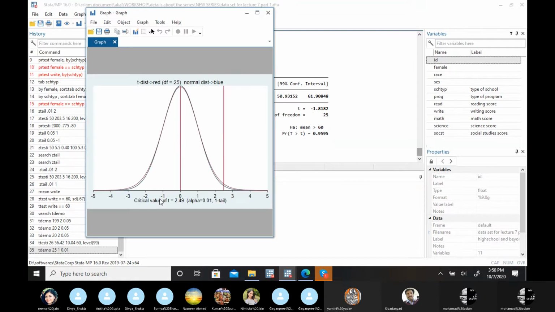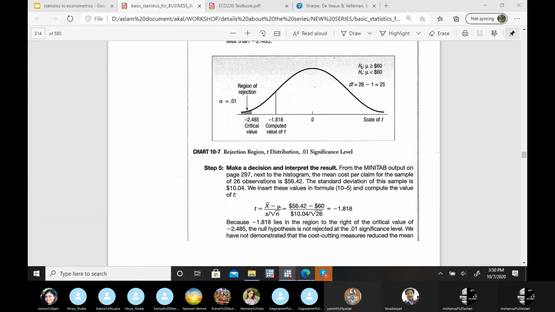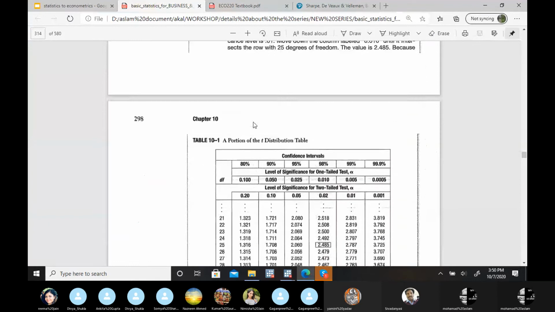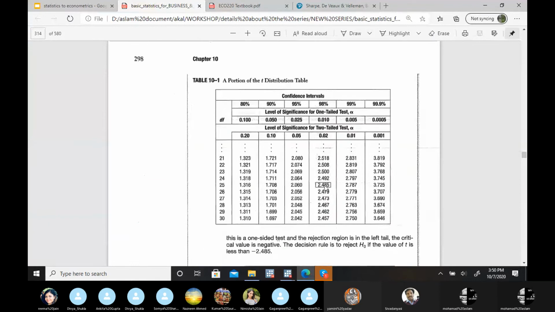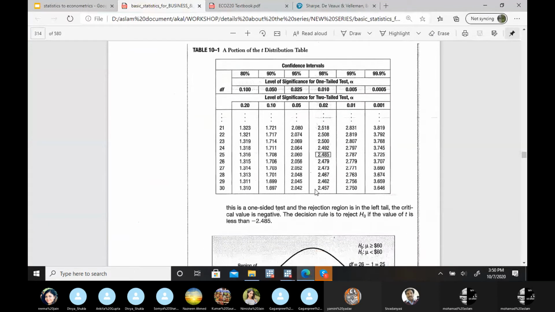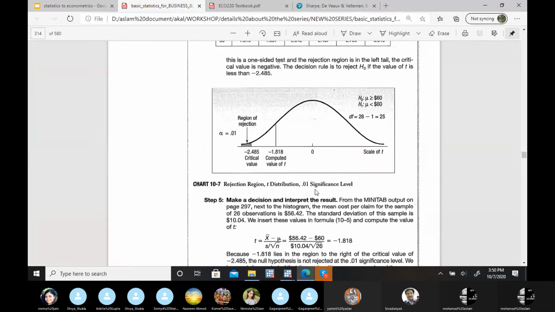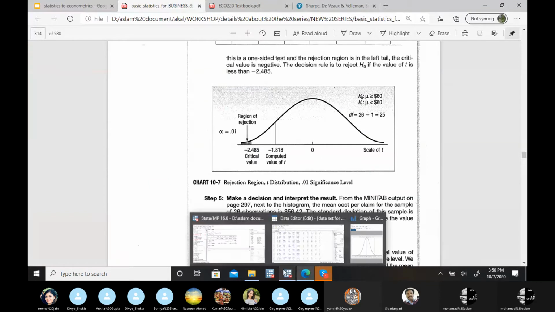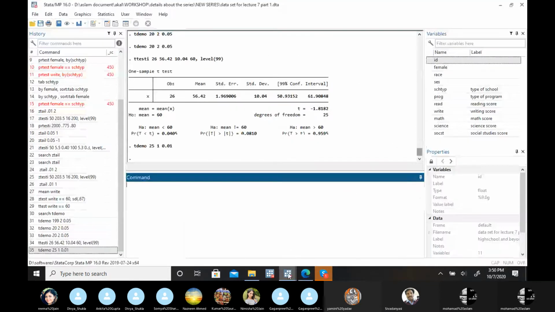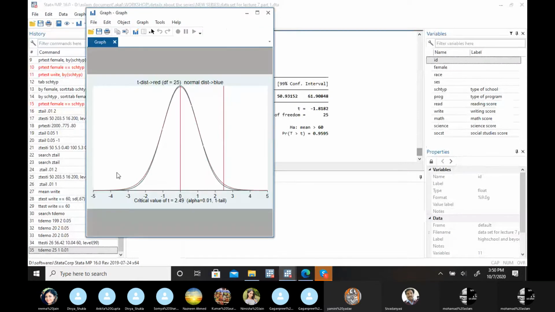So your critical value is 2.49. Let's see, yeah, it's 2.48, right? If you see the table, it's 2.485, so approximately 2.49. And as I explained, in this data you don't need to worry about the positive side. We have this negative side, so the value will be the same, 2.49.